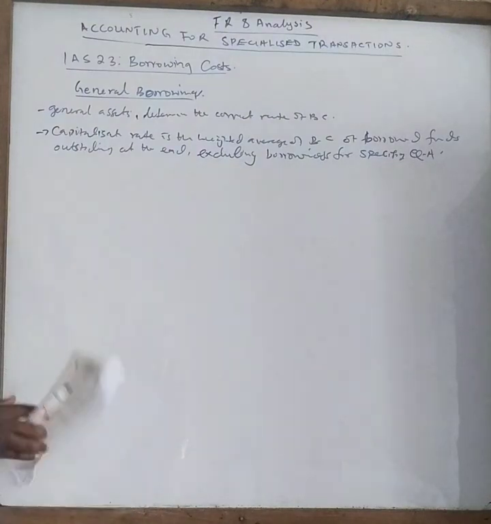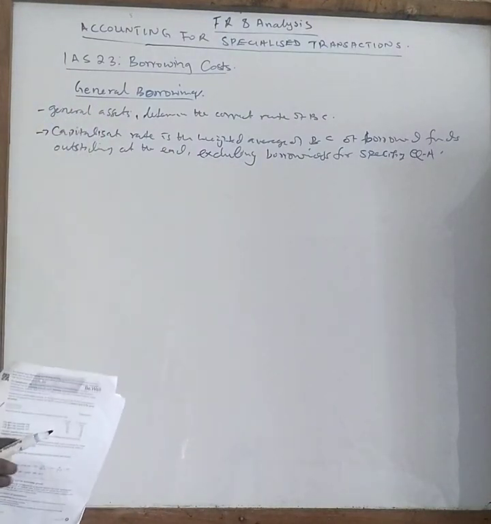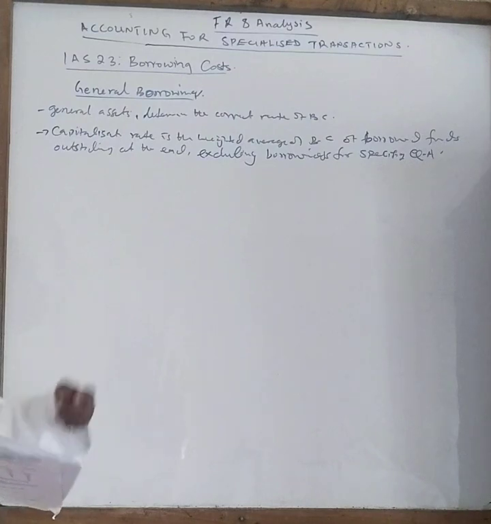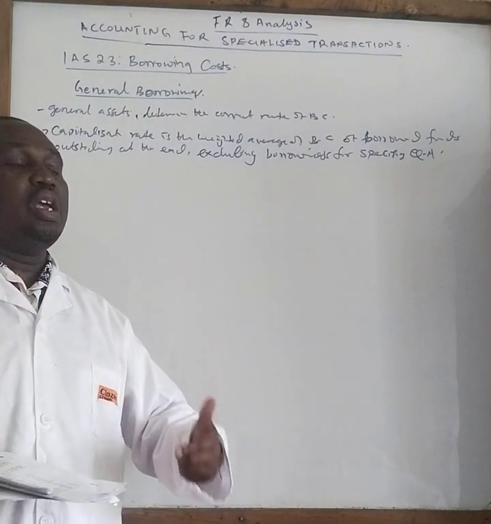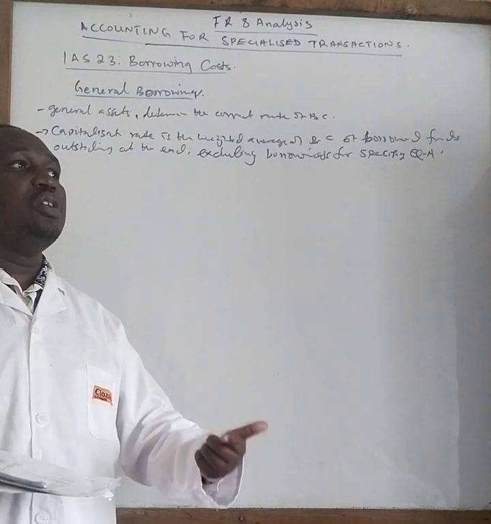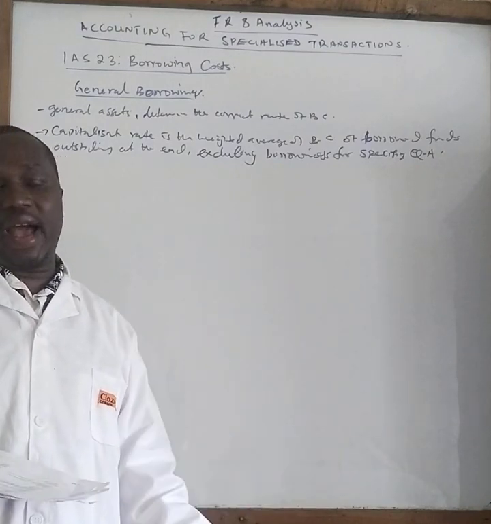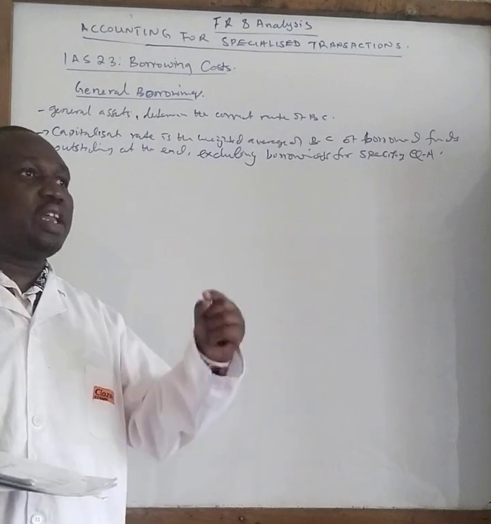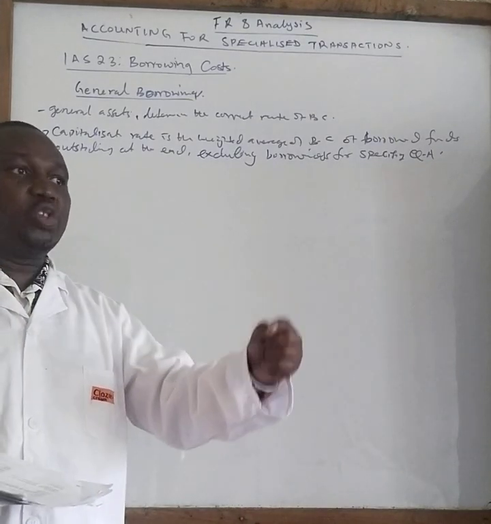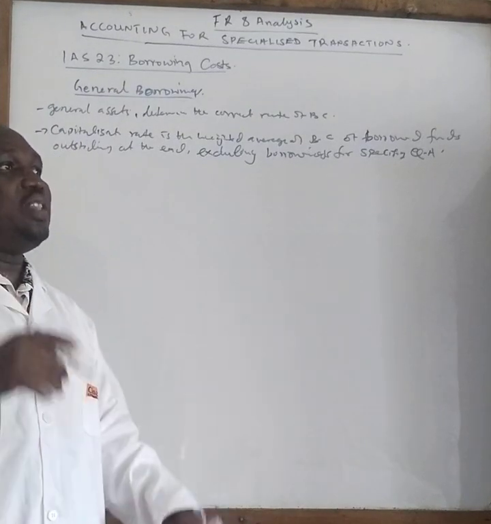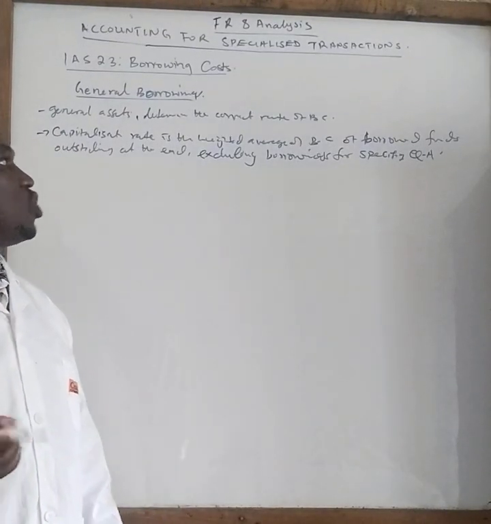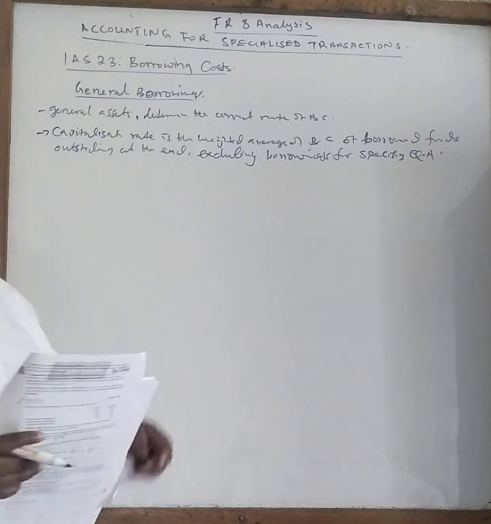Now, when it comes to borrowing for general purposes, it means you are borrowing for general assets also. You are not specific on how much is for the qualifying asset. So how do we determine the rate that we can use to determine the borrowing cost as interest? For us to determine the interest rate there, we need to calculate what we call capitalization rate.